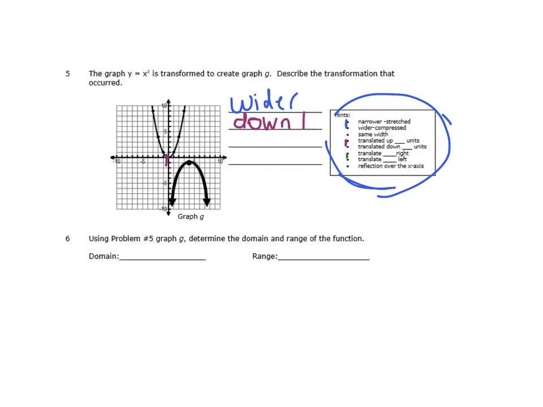And here from the vertex, it's going to the right 4 units. And then it's talking about the reflection. So the reflection is, because it's opening down, anytime you have a parabola that opens down, it's a reflection.